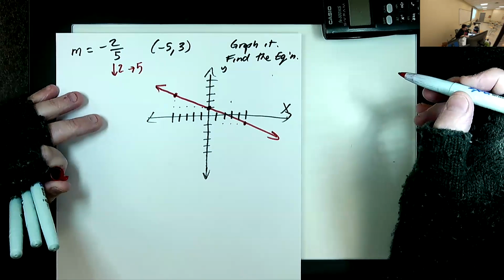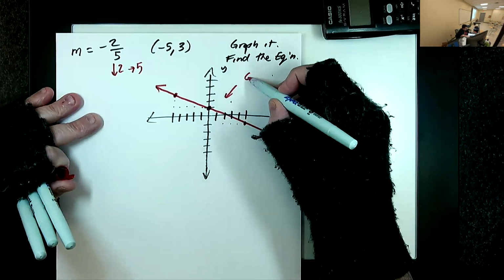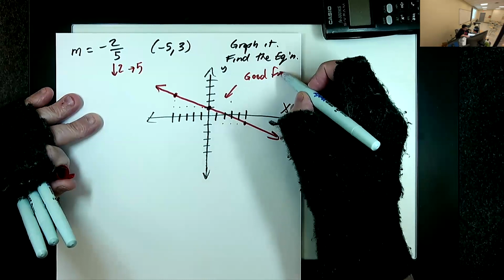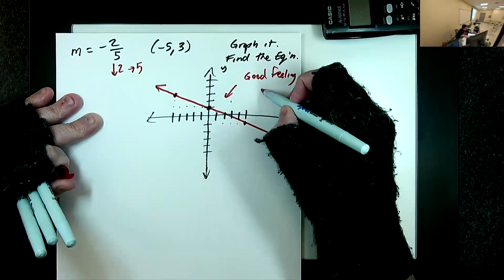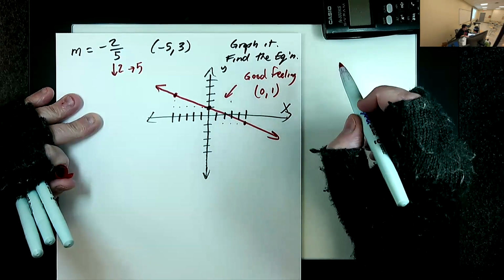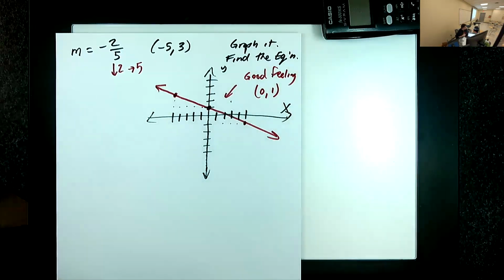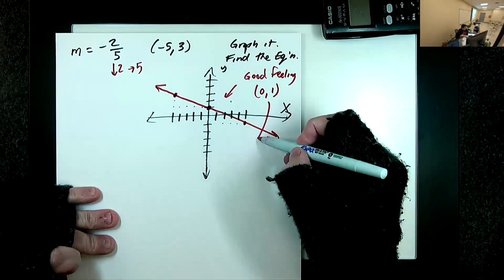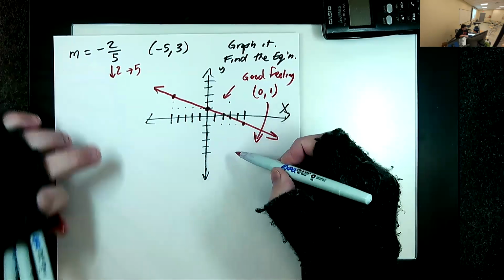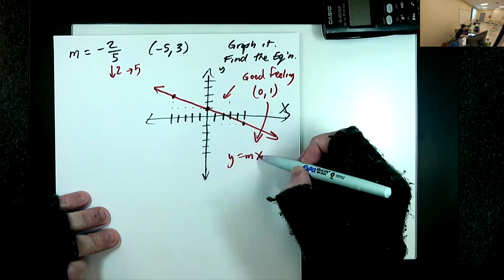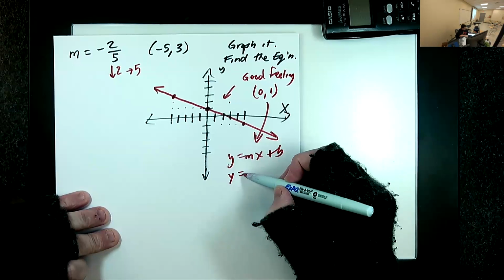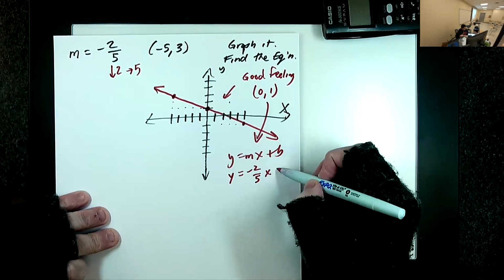Now looking at this, I've got a good feeling that is (0, 1). But I drew this by hand, and I didn't have some graphing calculator do it where I can check the point. I'm not going to assume that's (0, 1), because if it is (0, 1), I could just take the slope and jump to slope-intercept form. y equals -2/5 x plus 1.